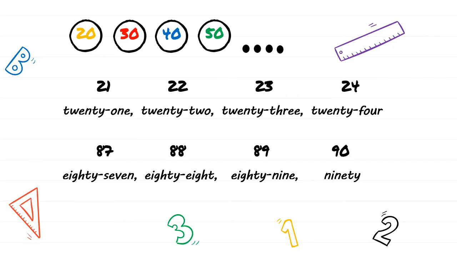Contoh, example number 80, 87, 88, 89, and then 90. Let's say together 21, 22, 23, 24, 87, 88, 89.